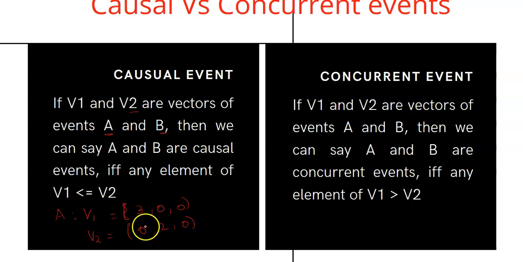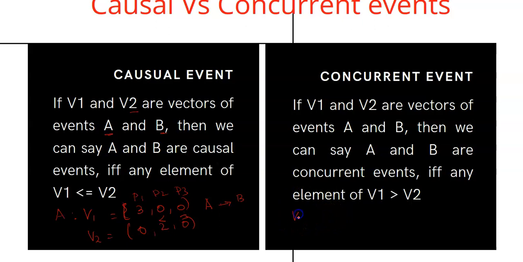Now you can compare. The P1 position of V1 is not less than V2's, but the P2 position is lesser, and this one is equal. So A is a causally affecting event. A affects B, so A can happen before B; we can take it that way.